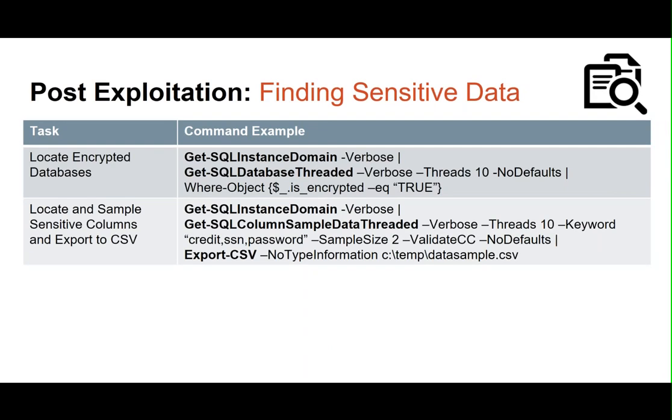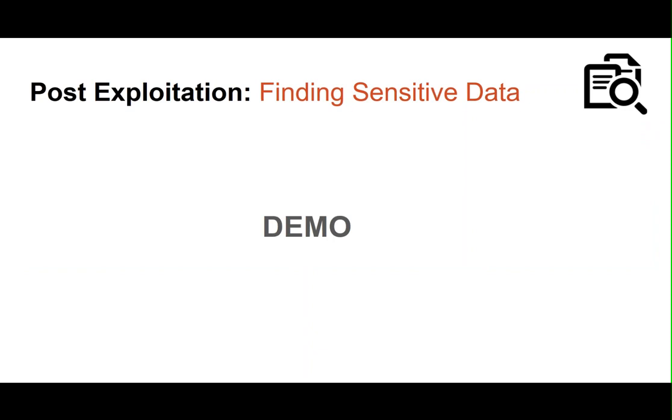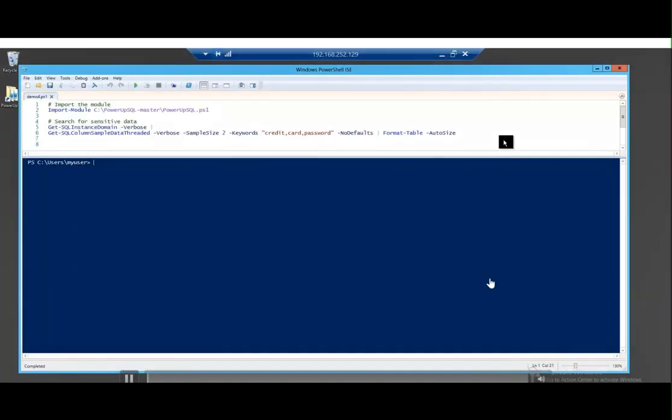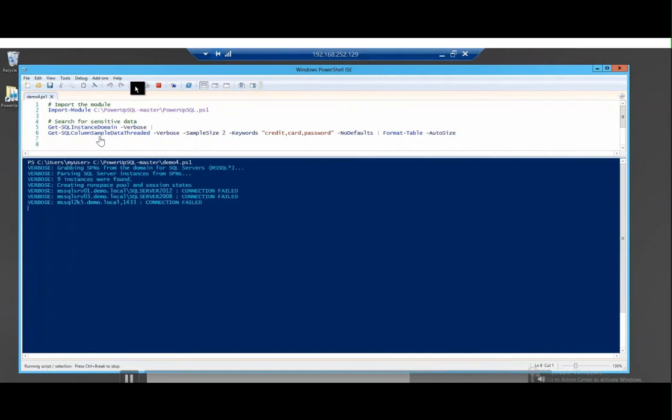I also have some cheat sheets. There's a full cheat sheet for most of these scenarios out on the wiki, but here's another example of finding encrypted databases and finding and sampling columns. But in the interest of saving time, I'll go straight to the data discovery demo. So in this case, we're importing PowerShell. We're discovering the SQL instances on the domain and piping them directly into the threaded SQL column sample data function.